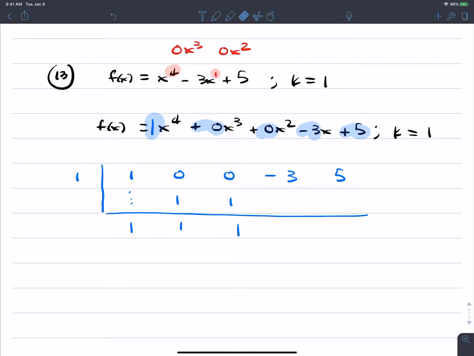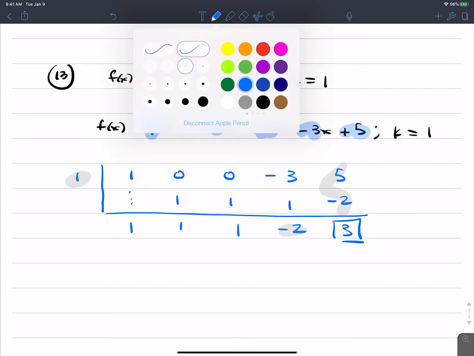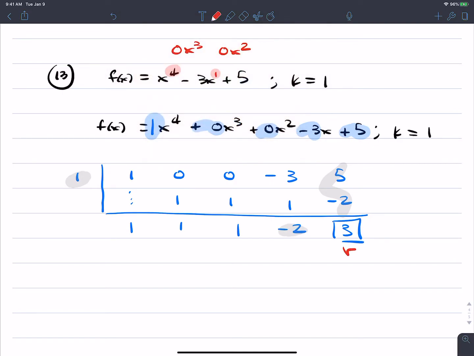Just repeat your process. 1 times 1 is 1. Negative 3 plus 1 gives you negative 2. Repeat your process. 1 times negative 2 is negative 2. And we get 5 minus 2 gives you what? 3. So in this case, again, my remainder here is actually 3.